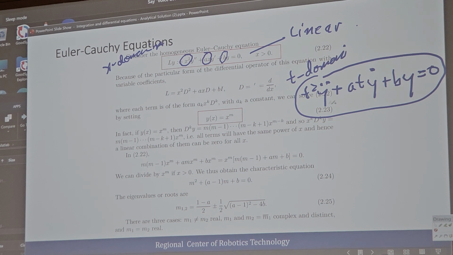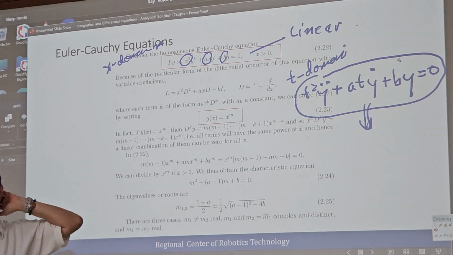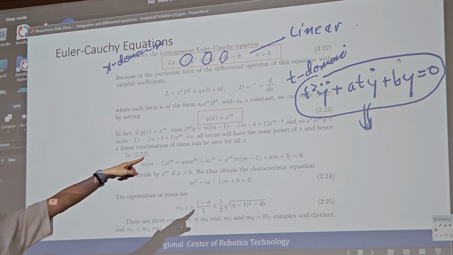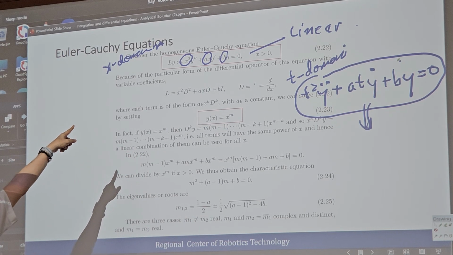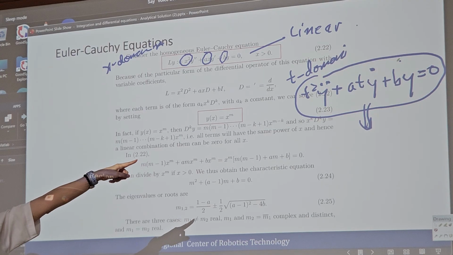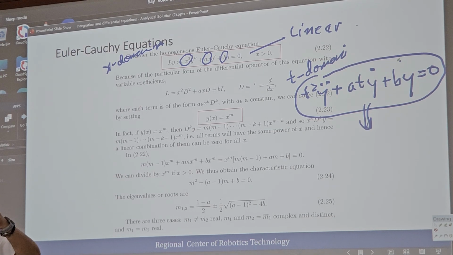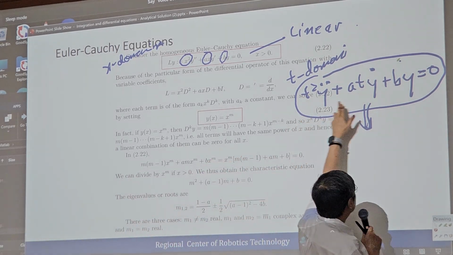How to solve this one? It's linear, but x dependent, just as this one is time varying. Normally time-varying equations are difficult to solve, but it's a special form.